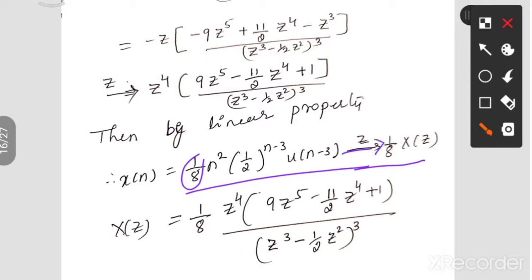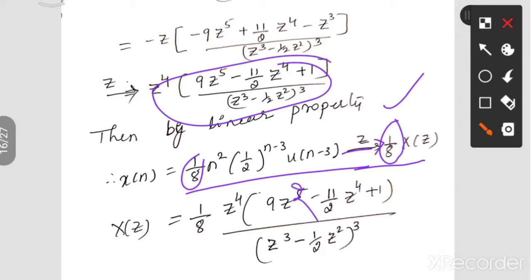Z transform has the linear property. If you are multiplying the signal by any constant, that constant will remain the same, 1 by 8 into X of z. Therefore 1 by 8, where X of z is this, that is z raised to 4 into 9z square minus 11z plus 1 divided by z cube minus 1 by 2 z square whole cube.